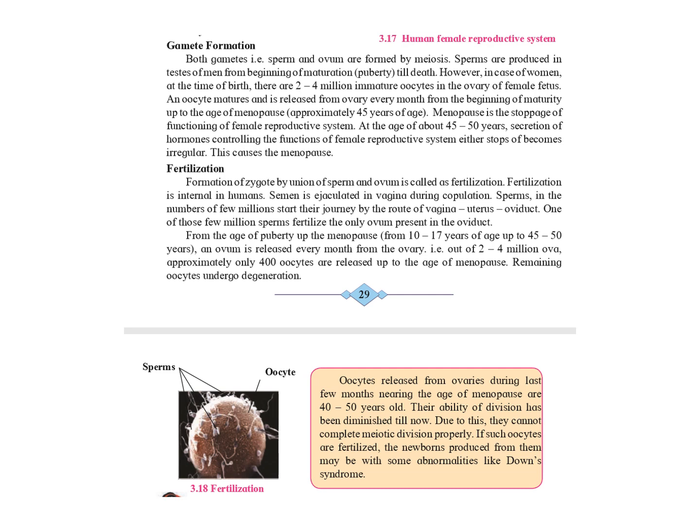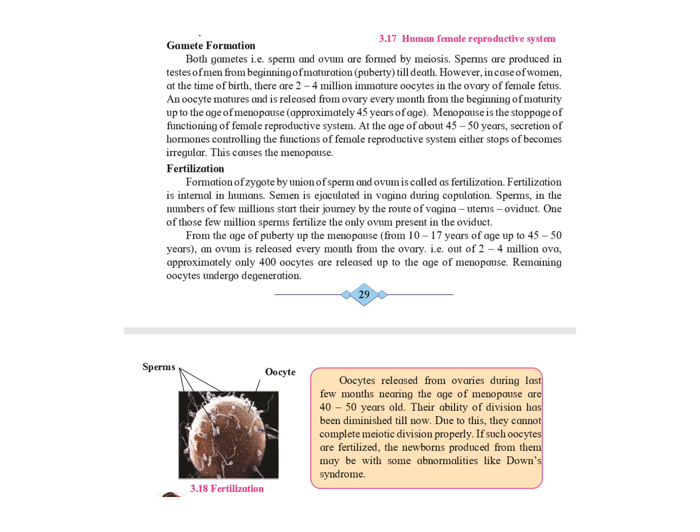It's a very interesting thing regarding the sperm formation in case of man. A man can produce sperm from the time of puberty till his death, while in case of woman it is not so. When a baby girl is born, at the time of birth there are around 2 to 4 million immature oocytes.